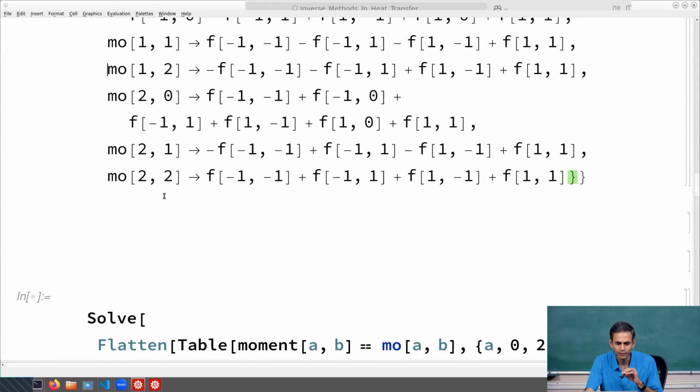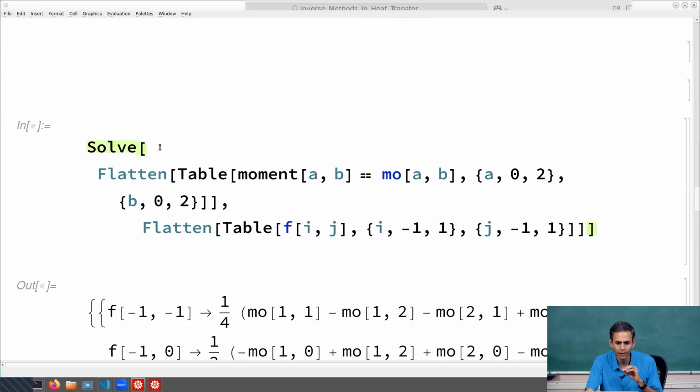That means I will write, just like what we have done before, Solve, Flatten of Table of moment equals moment of AB, where A goes from 0 to 2 and B goes from 0 to 2. Flatten is there, then comma, then I have the variables that I have to solve for.